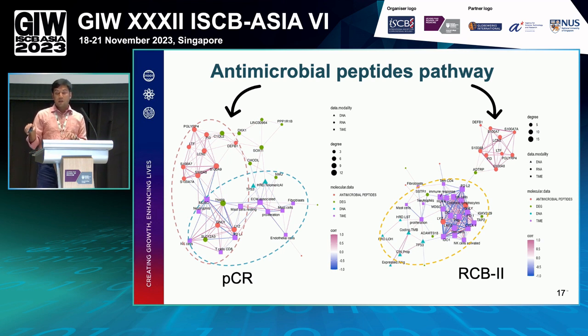And you can see here, this module is completely separated in the RCB2. But here, they have some influence and are highly influential in PCR. So their pathway is common, but their module of activation is different. If you want to individualize the patient, we can map each patient onto this network. That can greatly improve precision biology.